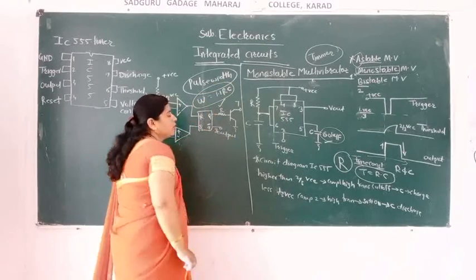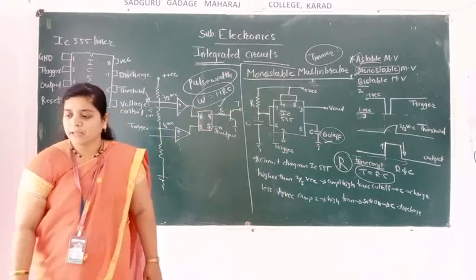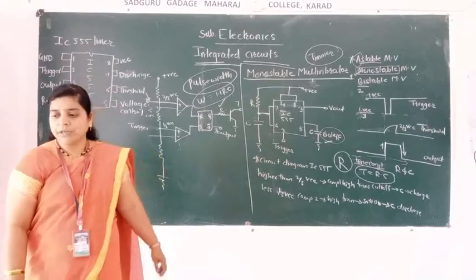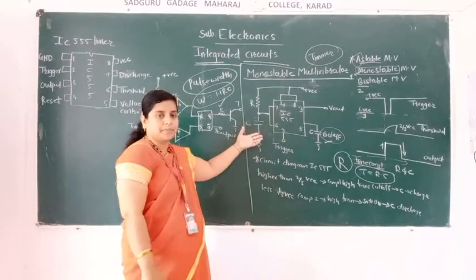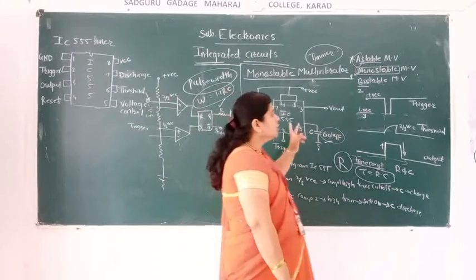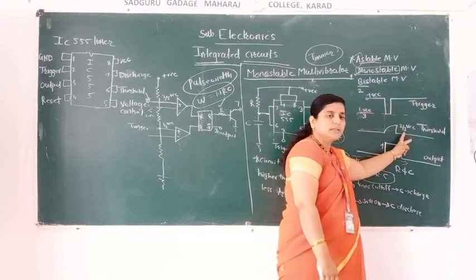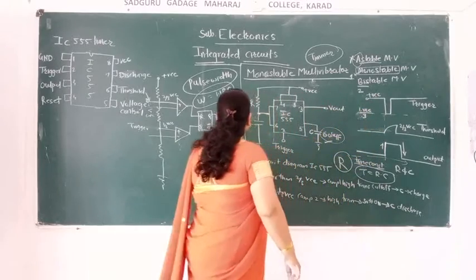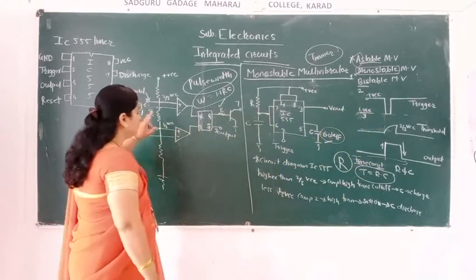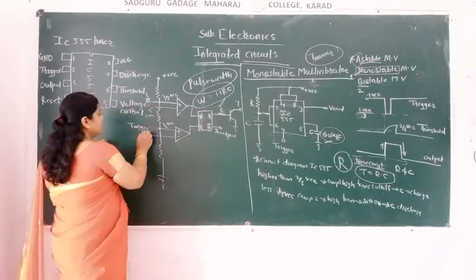So the pulse width formula is 1.1 R into C. Okay, so this is the monostable multivibrator or timer circuit. It has two inputs, trigger input and threshold input. These two comparators depend on these two inputs, as I told in the previous lecture also.